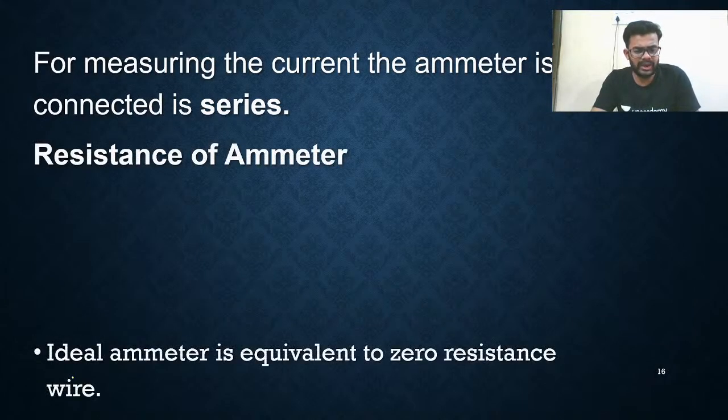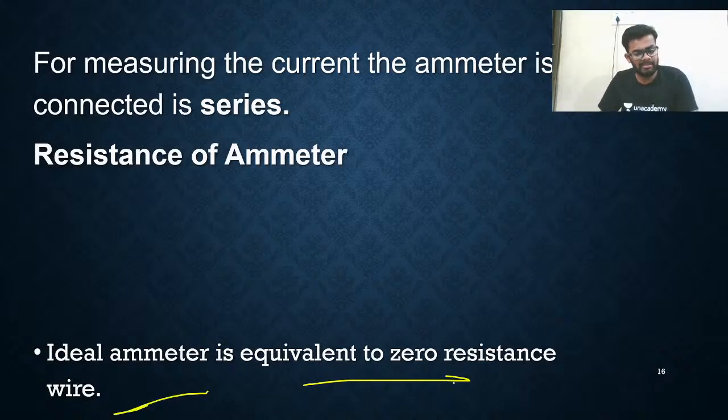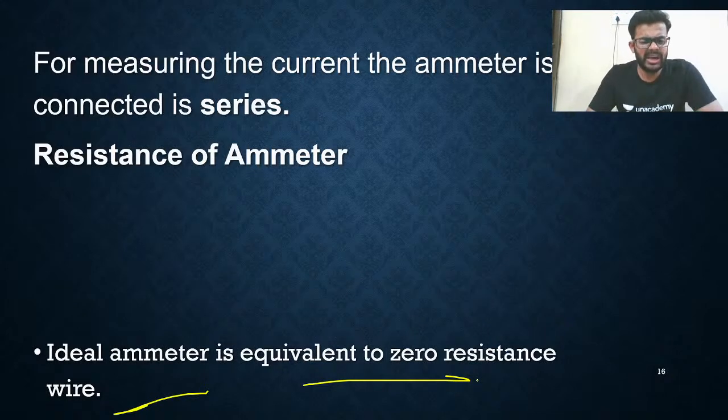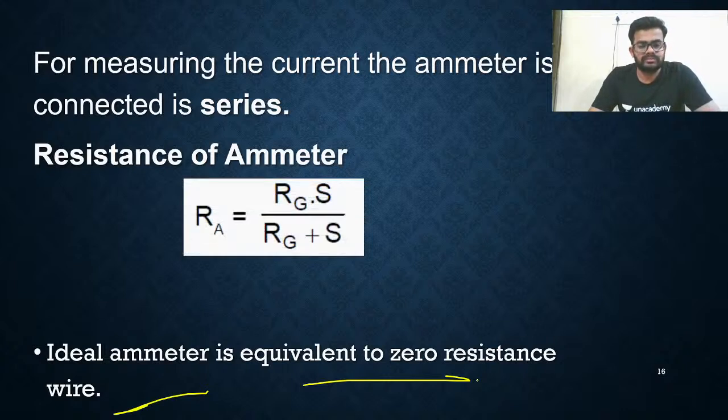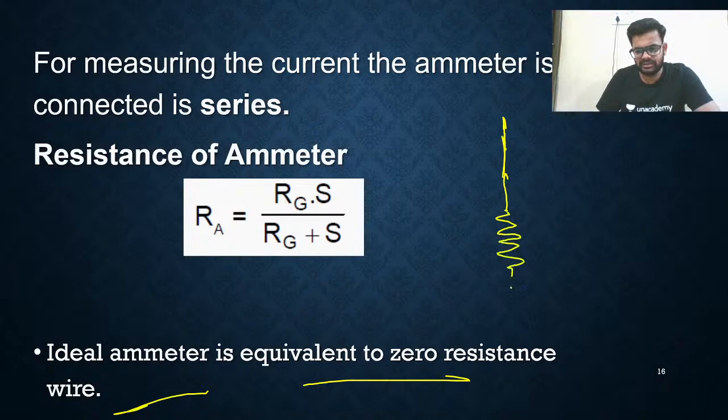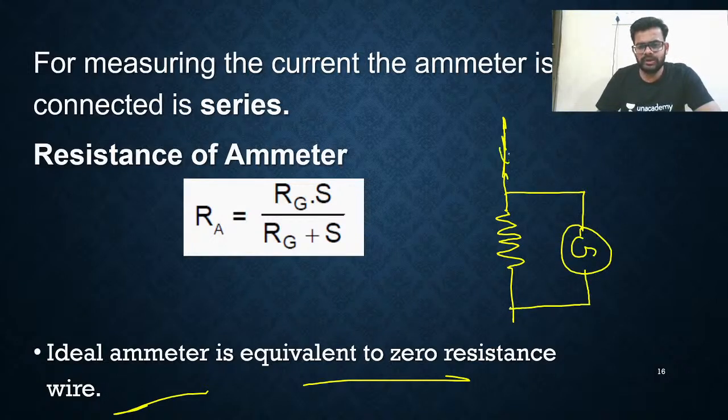So that's all, my dear friends. Let us talk about this. An ideal ammeter is equivalent to a zero resistance wire. Remember, an ideal ammeter is always equivalent to a zero resistance wire; there will be almost negligible or very little resistance. Let's say this is the ammeter, with the shunt and the galvanometer. Total current is coming towards this.